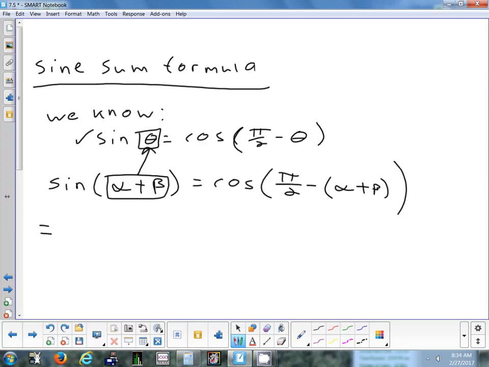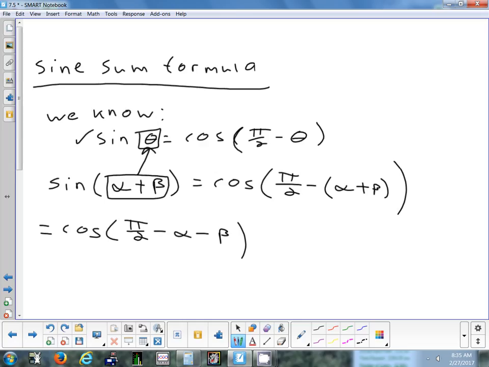So what do you always do anytime you have something on the outside of parentheses and you have addition or subtraction on the inside? Distribute. Right? We have to distribute that minus sign to alpha and beta. So what would that give me inside parentheses? Negative alpha, negative beta.